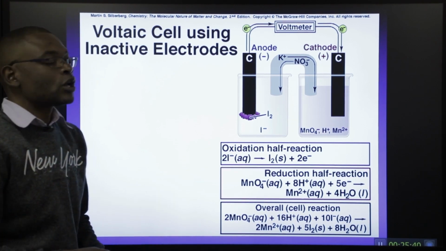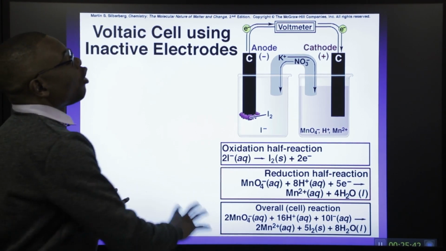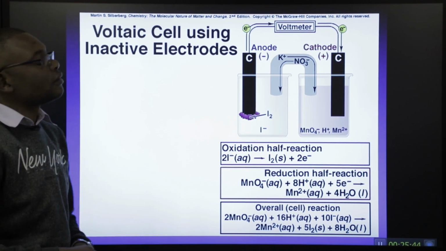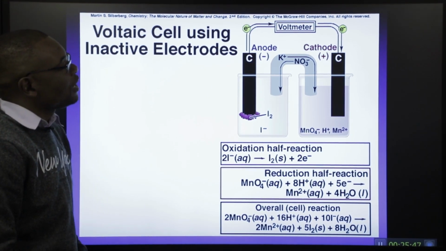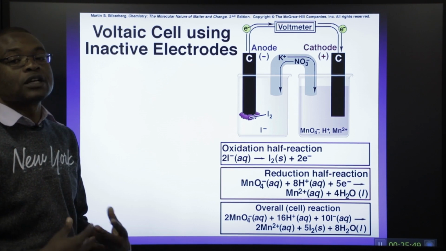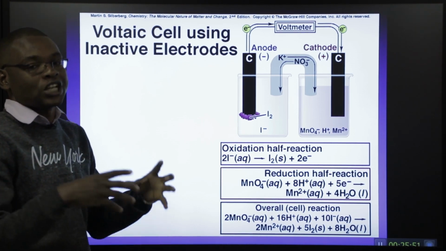As you are going to see, we are going to measure the overall redox reactions taking place there, and then we are going to perform calculations to find the overall cell potentials.